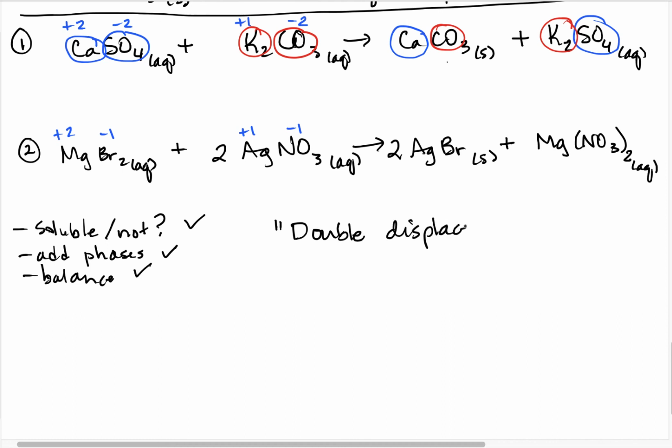I've heard this term a lot. I don't think it's very useful because it just tells us that we're swapping partners. It doesn't tell us whether we have a precipitate. It doesn't tell us what else is going on. But I wanted you to be familiar with this term. If you do see a double displacement, it is a situation where we have swapped partners, where both the cation and the anion swap partners.